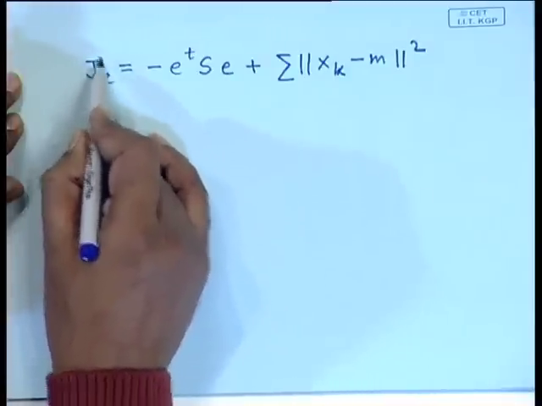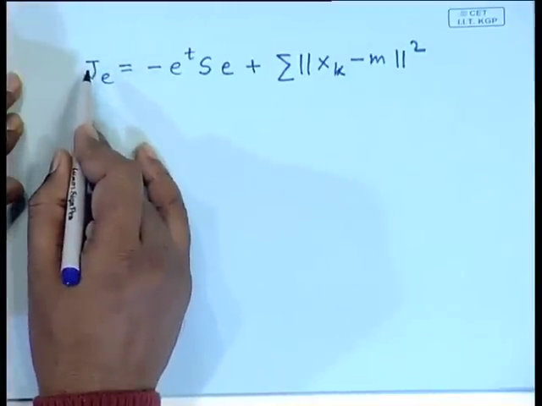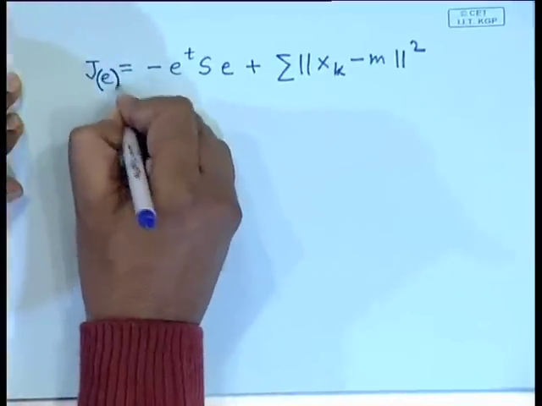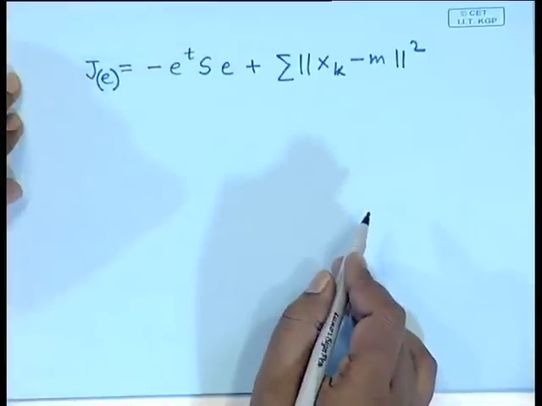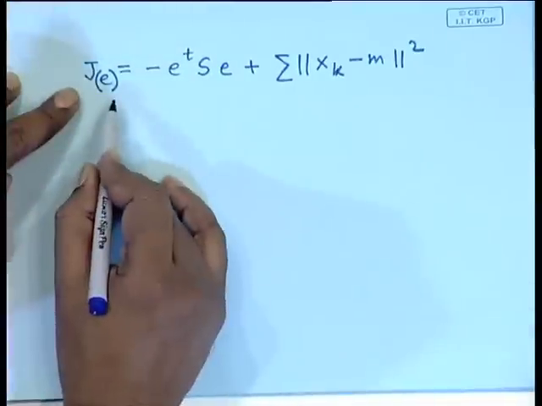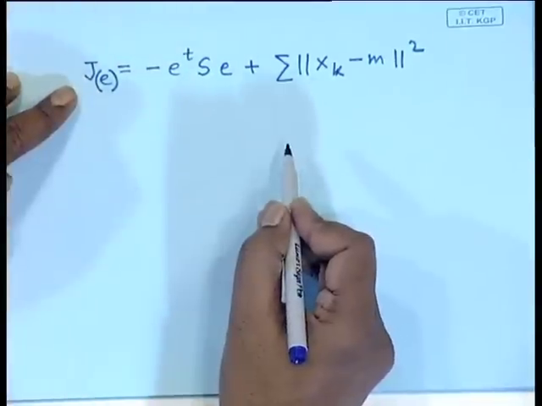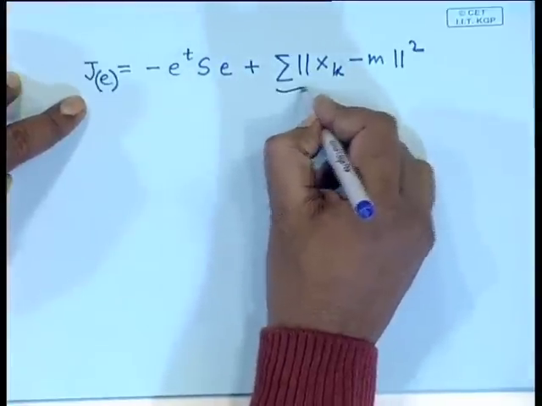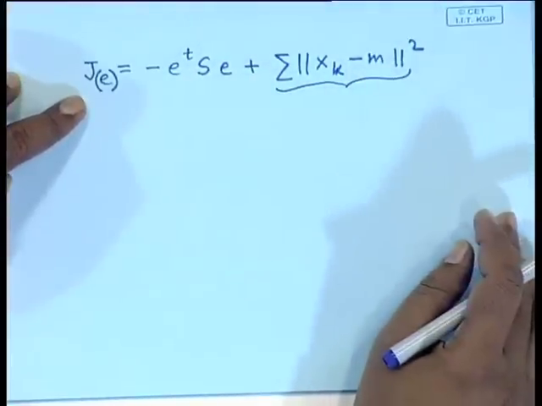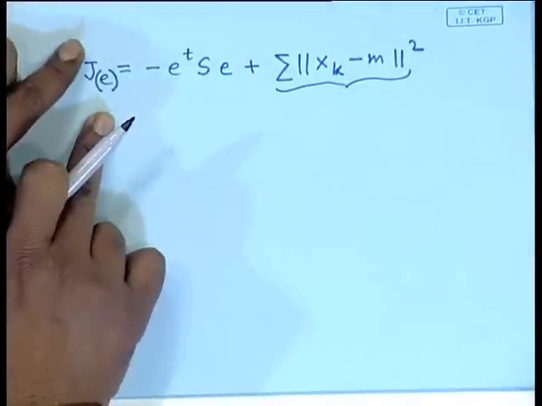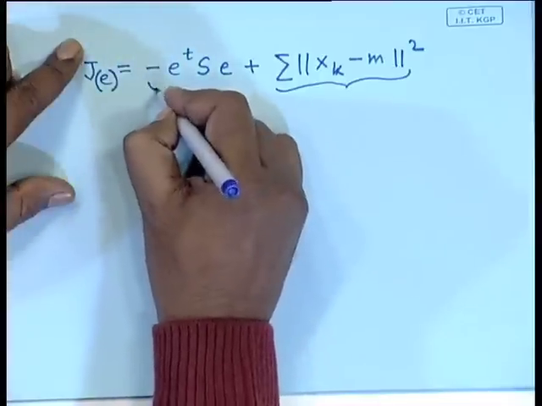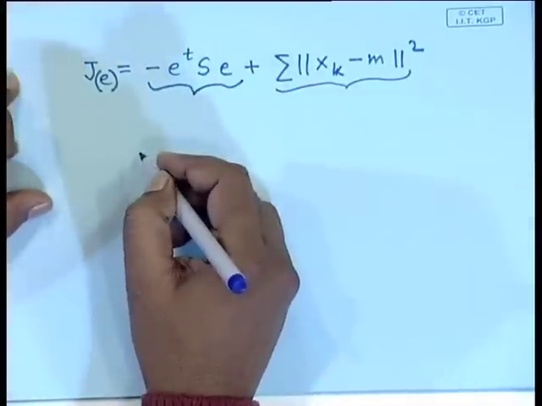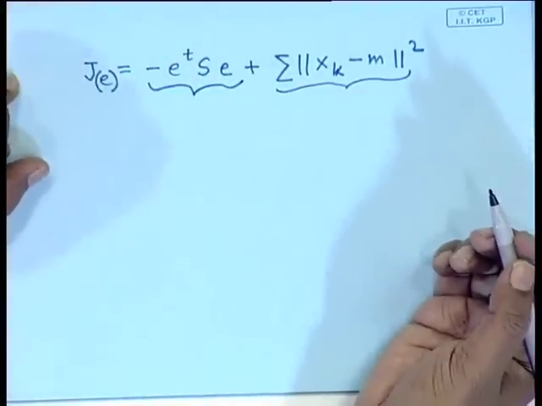Now, I want to minimize this J E by varying E. This should be within brackets as a function of E. And you find that this term is independent of E. So, if I want to minimize J E, what I have to do is maximize this. It is effectively the same.